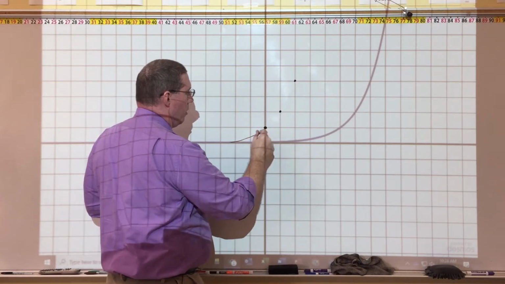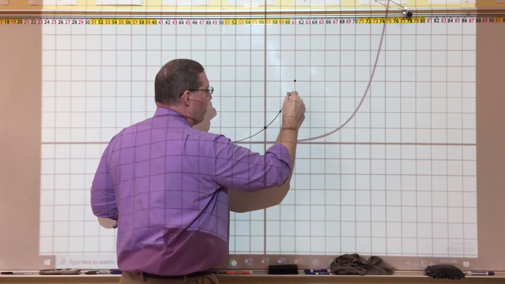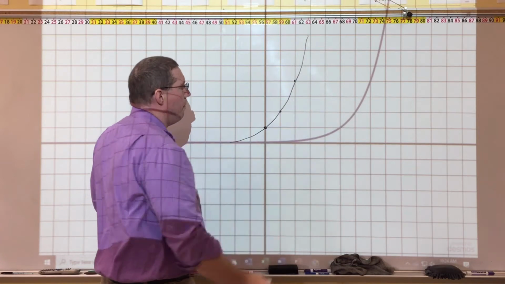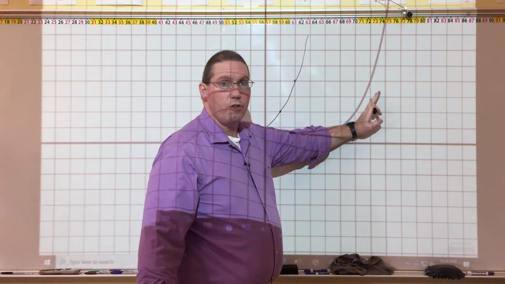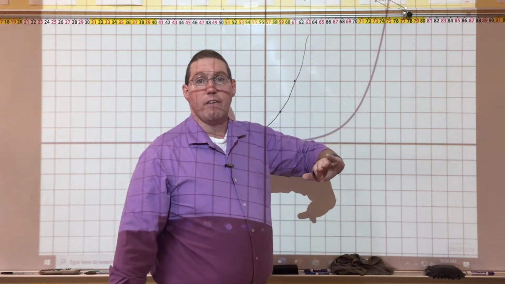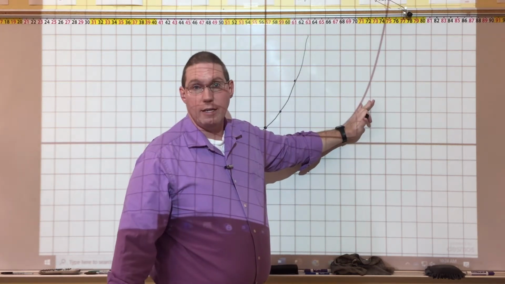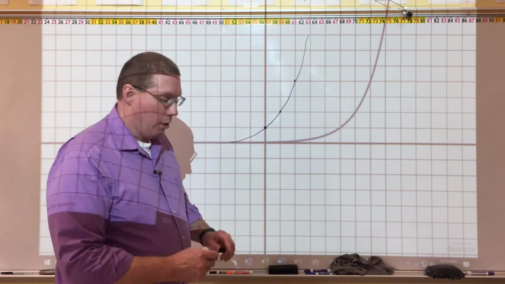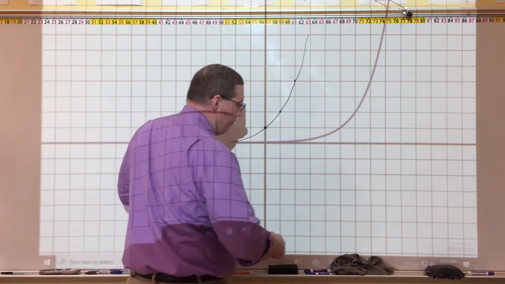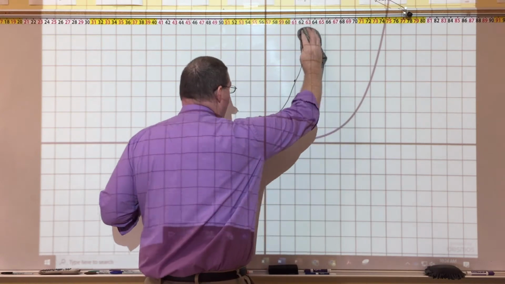And so it looked like this previously. But now it has shifted from this position to the right. And we're going to try and identify how far to the right and how a rightward shift is indicated on the equation.